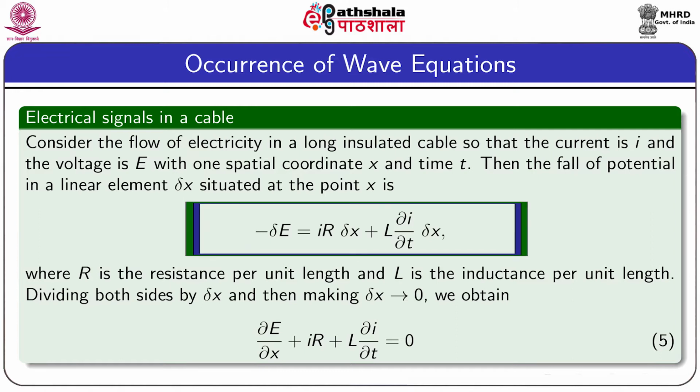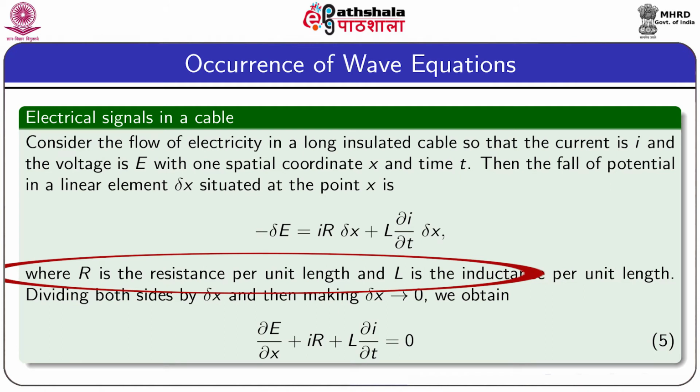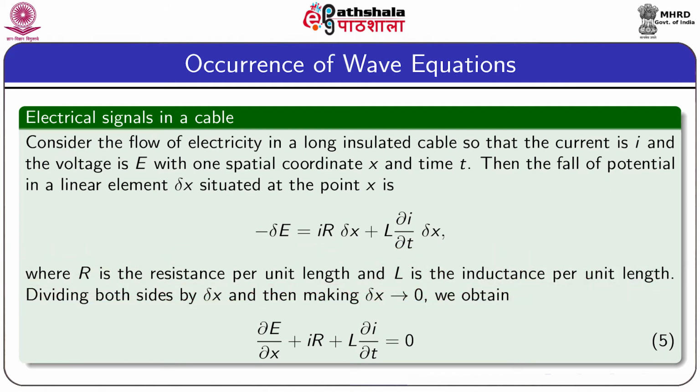given by the equation minus del E equals I R del x plus L del I/del t into del x, where R is the resistance per unit length and capital L is the inductance per unit length.